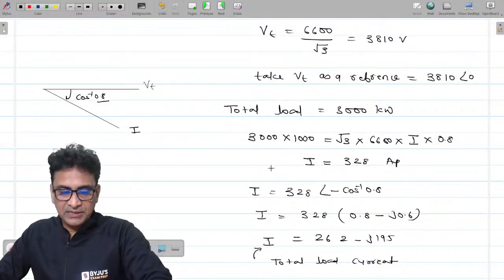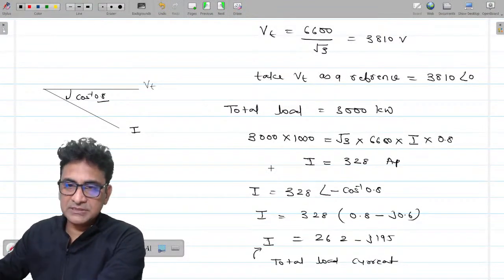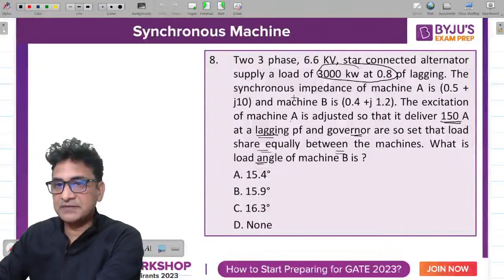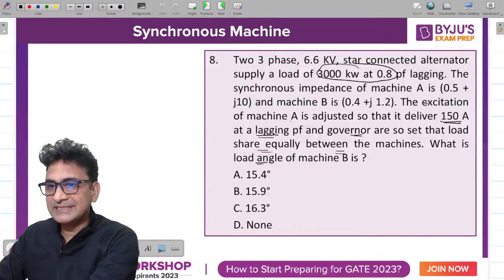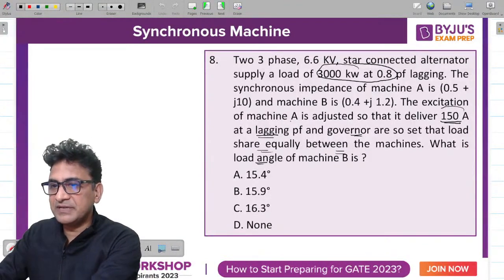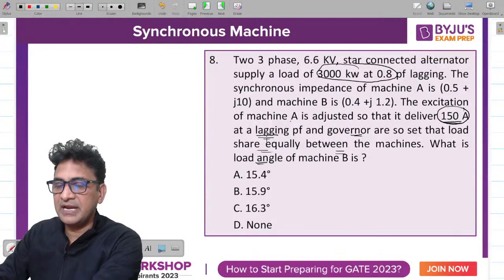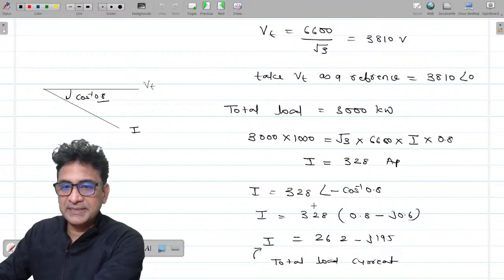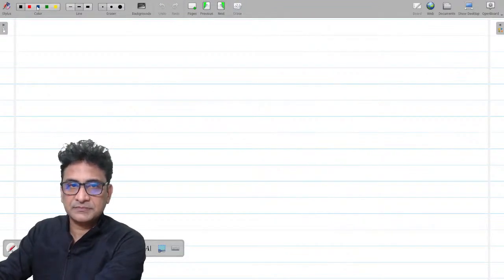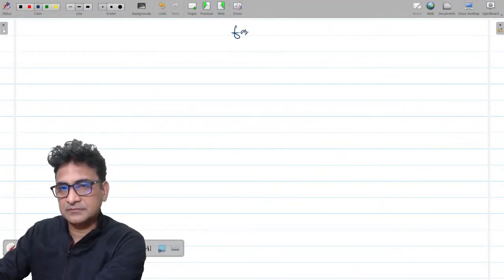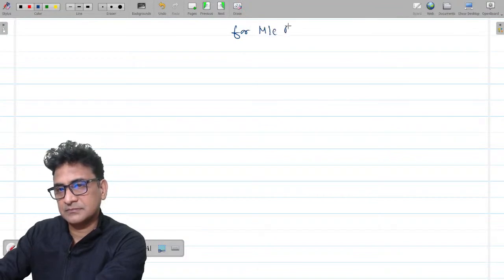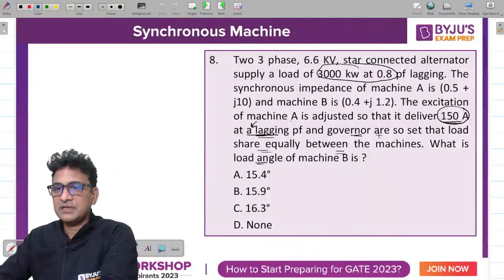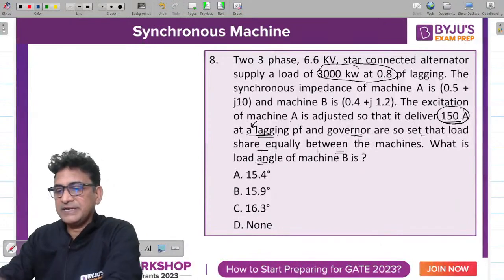Okay, now find out how much current is given by machine A. Machine A is delivering 150 ampere of current at a lagging power factor. What is the angle of the lagging power factor? It is not given. See, the governors are so set that the load is shared equally.